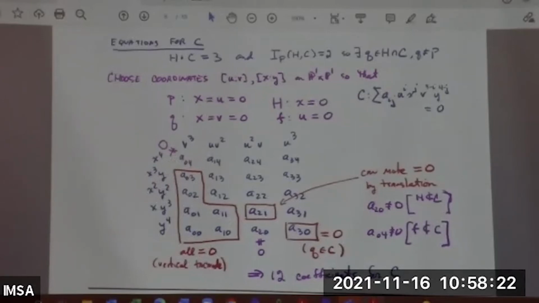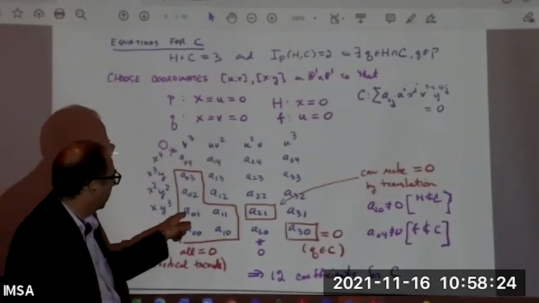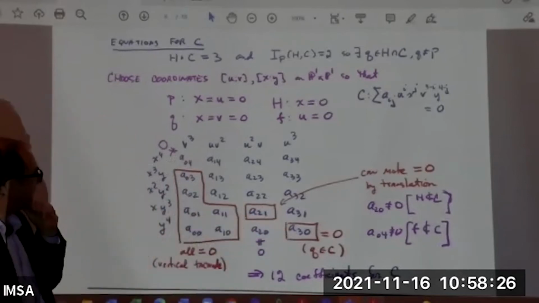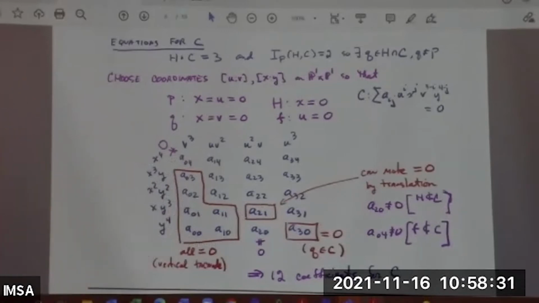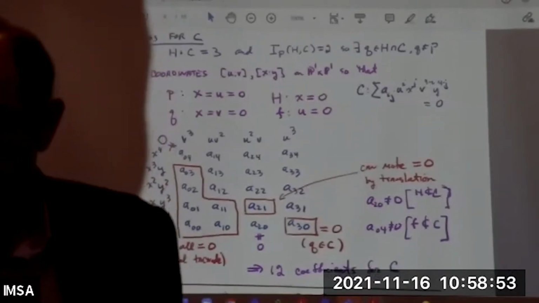And so what's left, if I make these things 0, is 12 coefficients. And I've used up all of the automorphisms possible by choosing coordinates, except for the homotheties in the XY, the homotheties in UV, and the overall homotheties in the description.